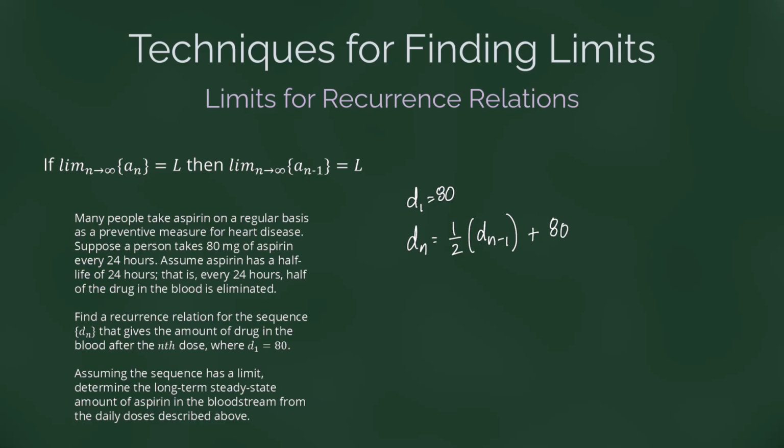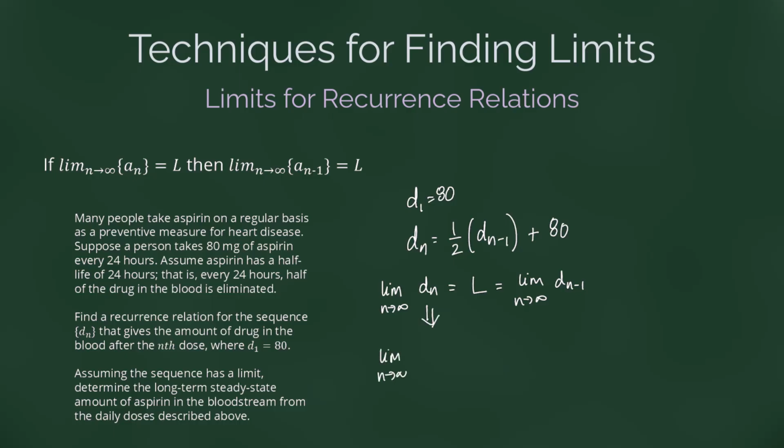We're told to assume that this has a limit. So in other words, we know that the limit as n approaches infinity of d sub n has to equal some number. We'll call it L. But our rule tells us that that is going to also be the limit as n approaches infinity of d sub n minus 1. So let's replace d sub n on the left-hand side with what we just determined that it's equal to.